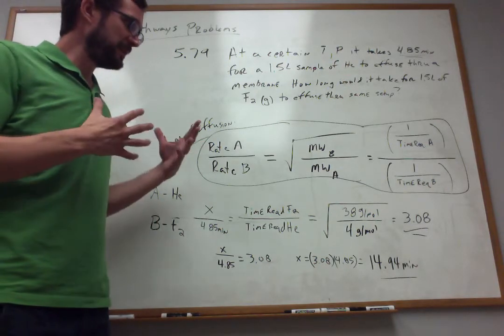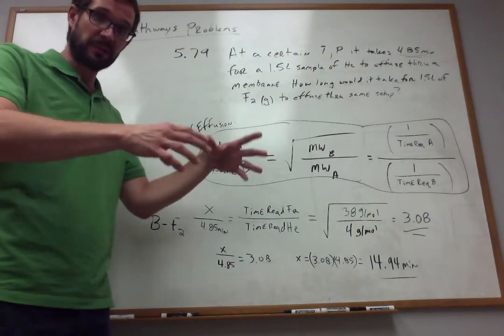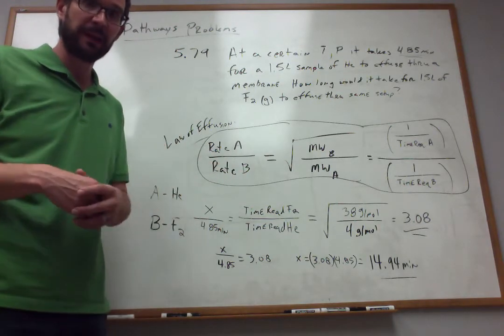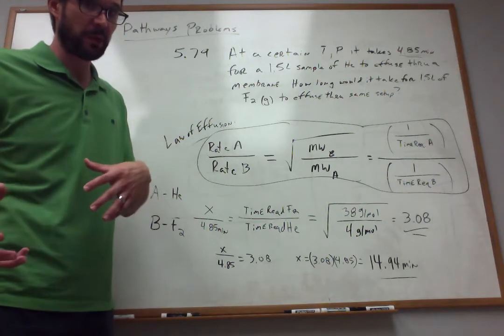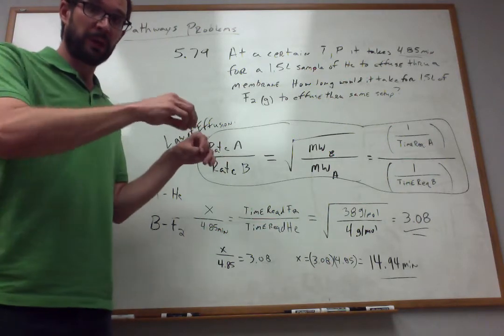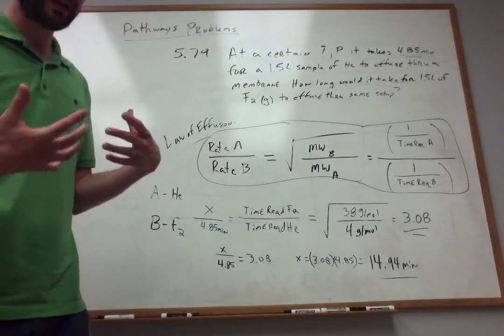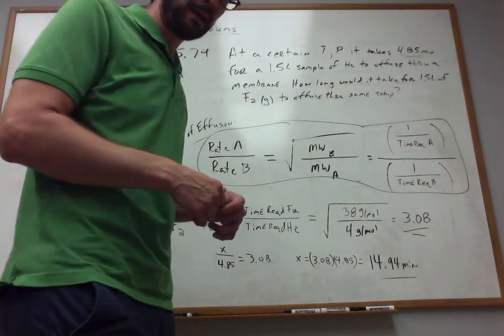If you understand how this works, and you understand that the faster moving gas will effuse more rapidly, and faster moving gases have lower molecular weights, you can put one and one together and figure out how long it would take, just sort of in your head.